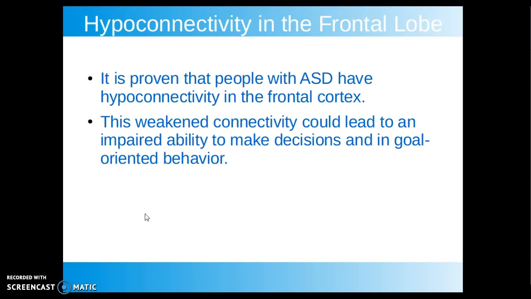I observed a young lady with autism spectrum disorder. She is about 20 years old. She's a Caucasian. And in watching her reactions and her decision making, I noticed some correlations between this hypoconnectivity in the frontal cortex and some behaviors she exhibited.